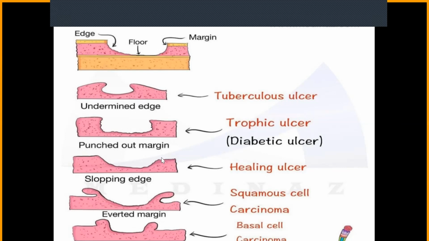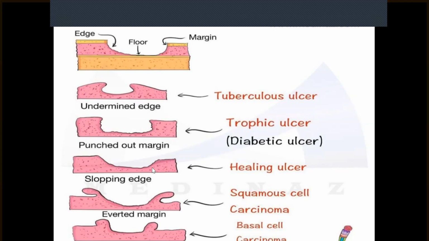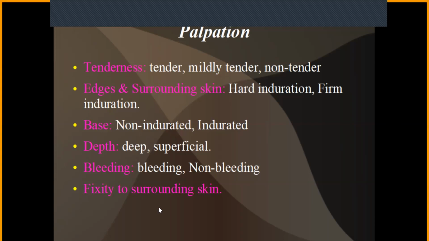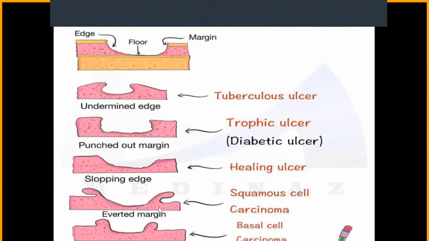Sloping edges may be seen in healing ulcers or even in non-healing ulcers where we see thin, papery skin; there also we get sloping edges. Inverted margin is seen in squamous cell carcinoma and rolled out is mostly seen in basal cell carcinoma.